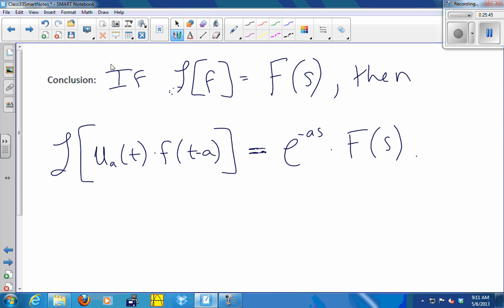So if you know the Laplace transform of f, you can find the Laplace transform of a horizontal shift of f.